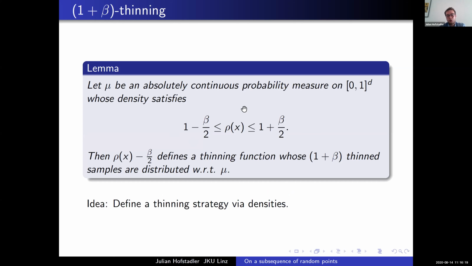So we can bound it from below and from above by beta. Then we know that the density minus beta over 2 defines a thinning function. And we even know that the thinned samples are distributed with respect to this probability measure mu.